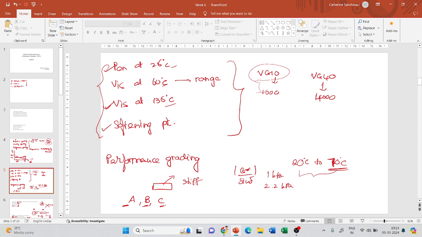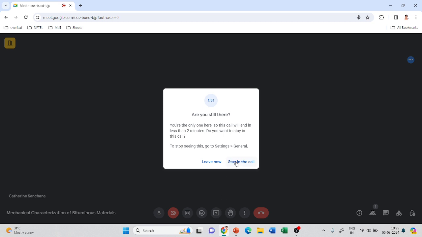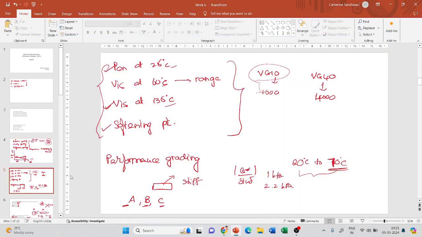That is how you can identify whether your bitumen is suitable to that place or not.